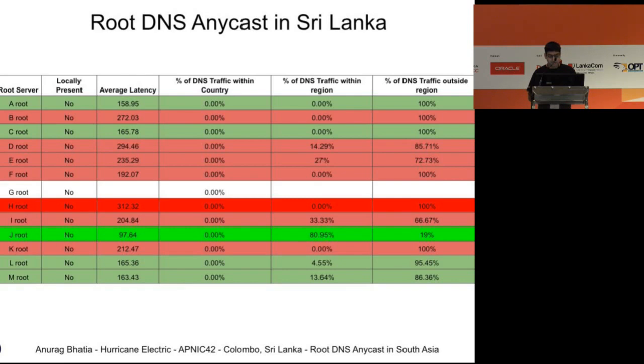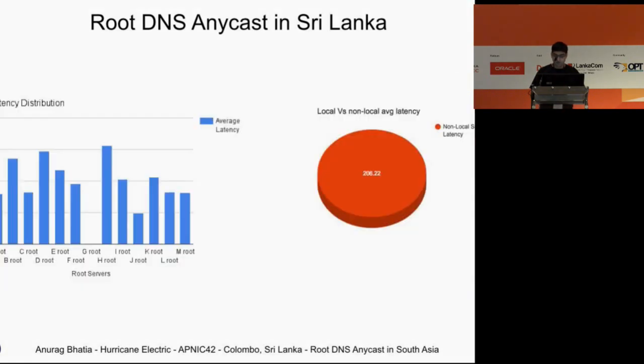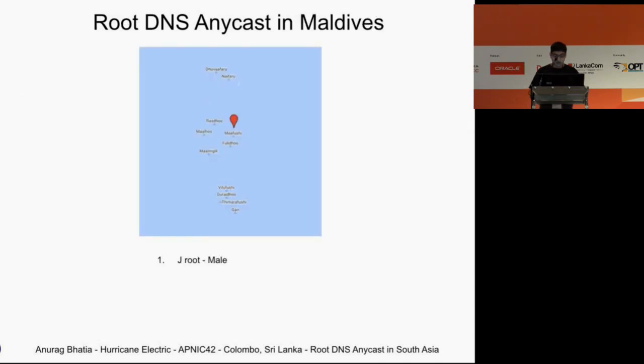But for all the rest, the latency was much on the higher side. And if you look at the percentage of traffic going outside the region, it's very high. So it shows that a lot more peering is needed, especially with the root servers, to have much better routing. There's no comparison of local versus non-local, since there's no server over there.